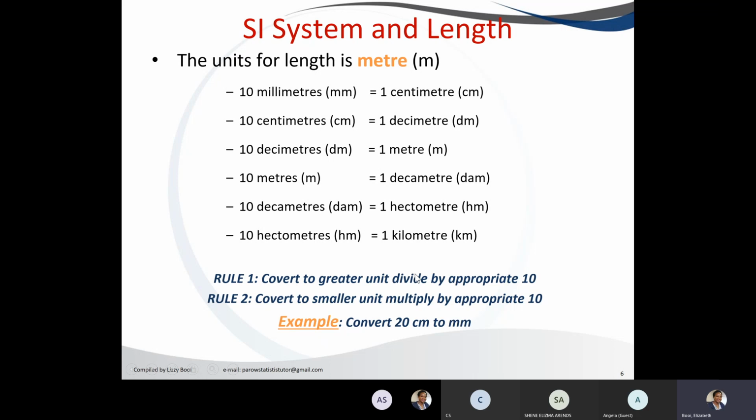If I want to convert from a centimeter to a millimeter, I'm converting from a bigger unit to a smaller unit.